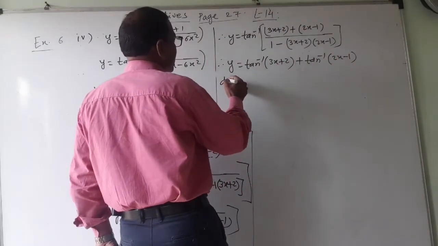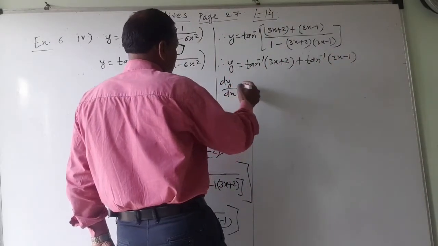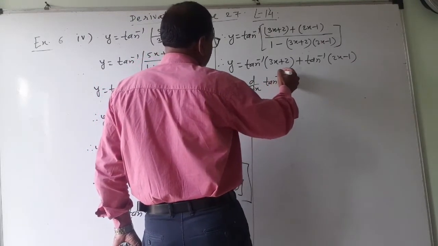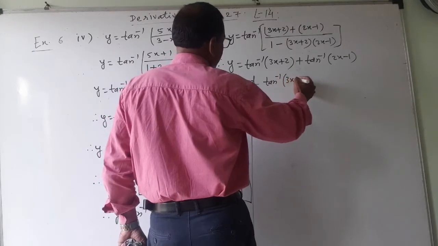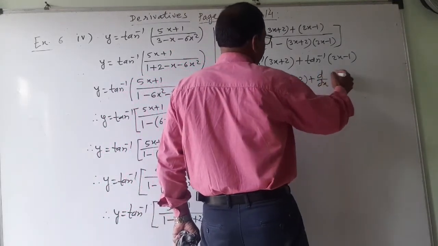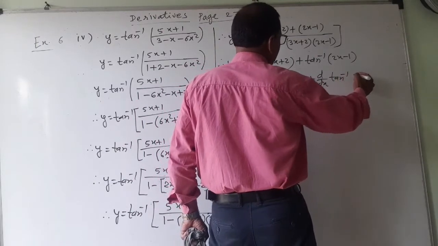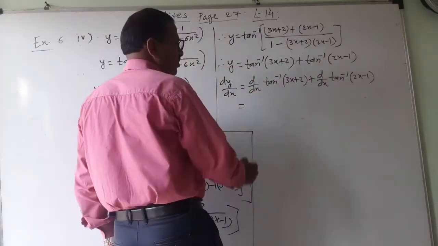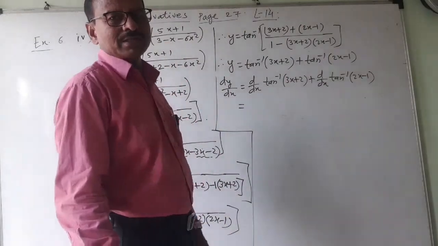Now I will take the derivative. dy by dx is equal to d by dx of tan inverse of 3x plus 2, plus d by dx of tan inverse of 2x minus 1. Now you know the derivative of tan inverse x is 1 upon 1 plus x square.